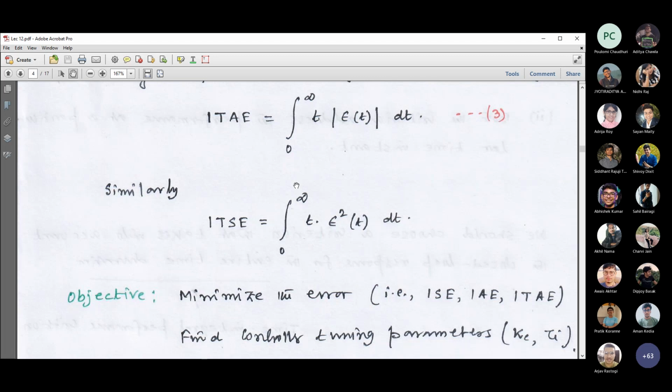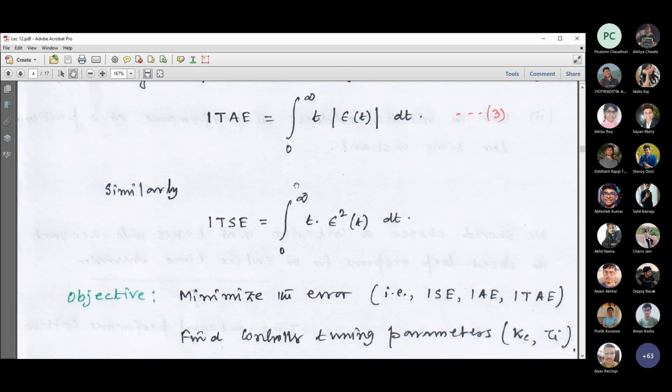You just take into account here any one as per the suitability. We are just going to discuss which one we should adopt among these. But anyway, let me clearly tell you that this is basically the objective function. And you can find out the controller tuning parameters. It may be only Kc, maybe Kc, tau_I, or maybe Kc, tau_I, tau_D. This is the goal of our current study.